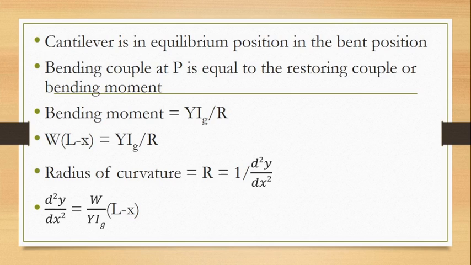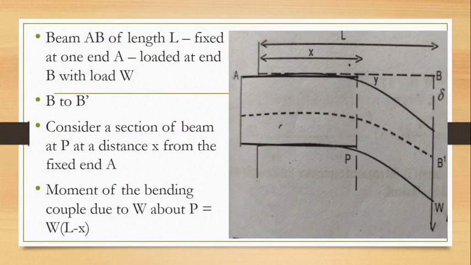Now, what is the radius of curvature? We know that B has changed to the new position B dash, and you can see B dash as the central layer, which is called the neutral axis. So R is the radius of curvature of the neutral axis at P.